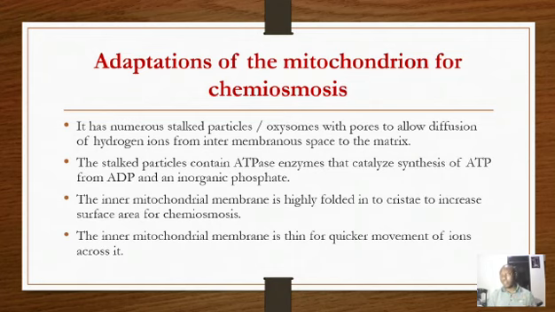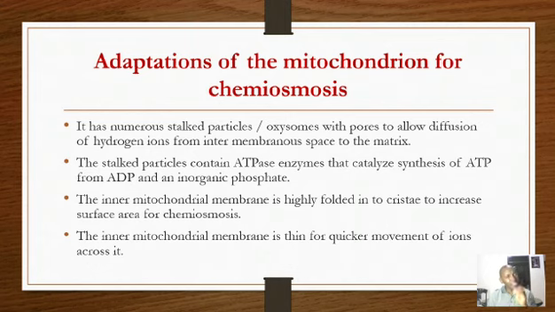We said the mitochondrion has stalked particles called the oxysomes with pores that allow hydrogen ions from the intermembranous space to the matrix. Those pores are the channels which we've called the chemiosmotic channels.